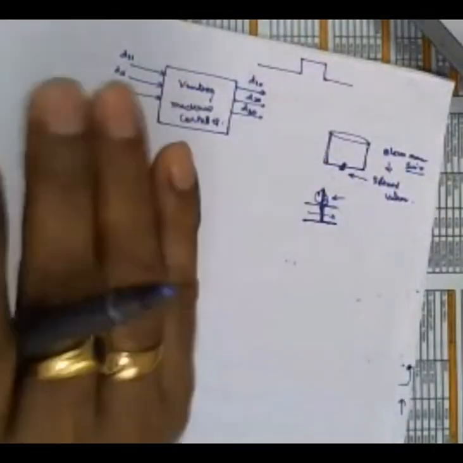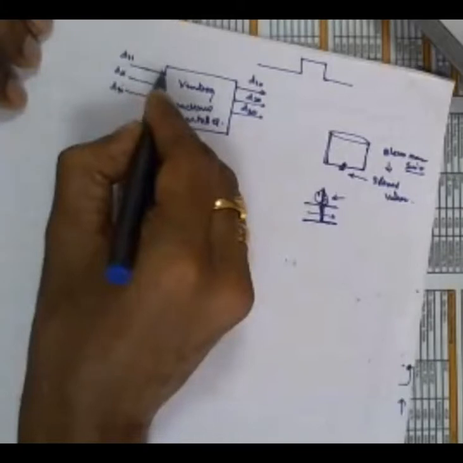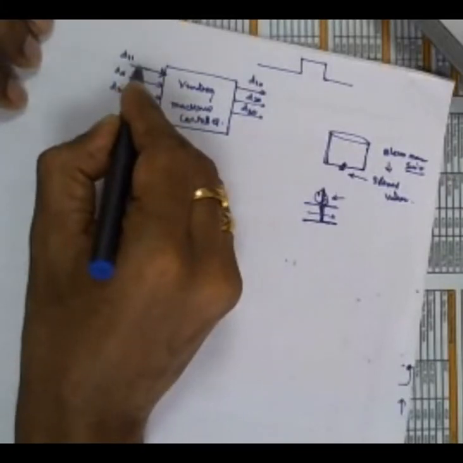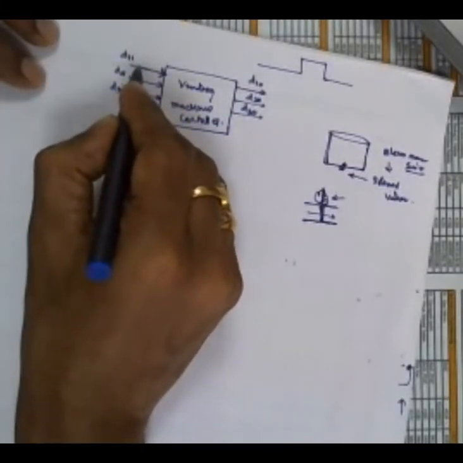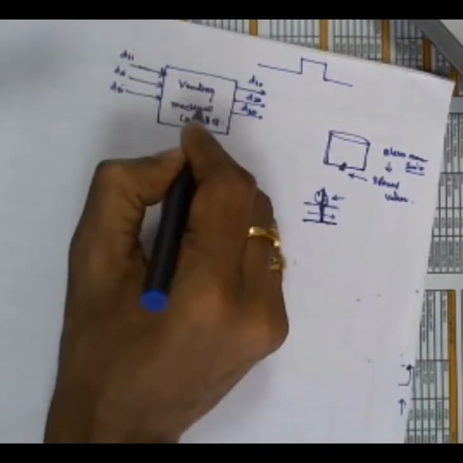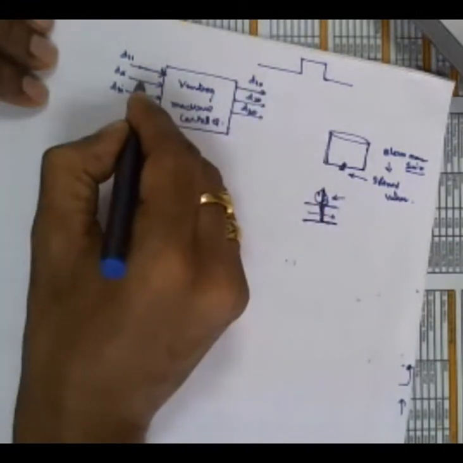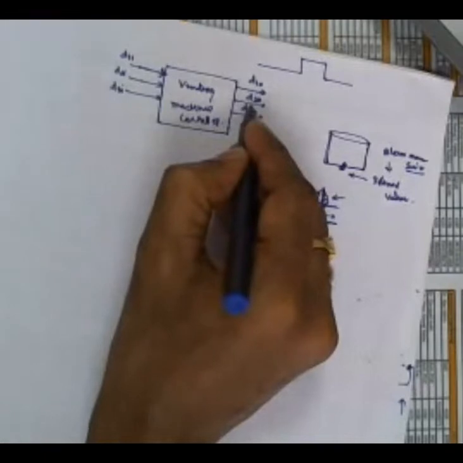The controller is sitting in our FPGA now. All other actions are happening around it now, right? So he is giving the input here. D11 is the input. If he presses this button, if he pushes it, if he makes it on, then the system should understand that that person requires the first drink. If this is on, then the system should understand that he requires the second drink.